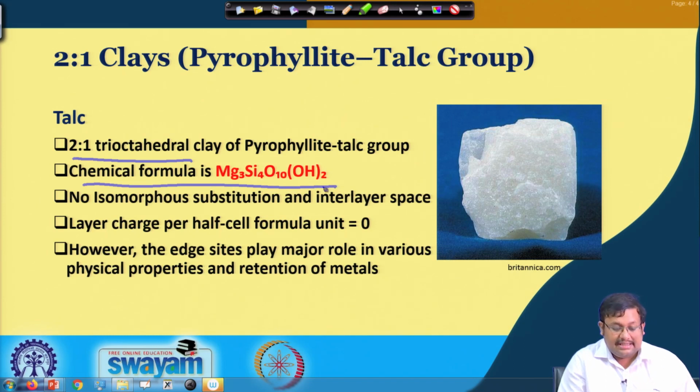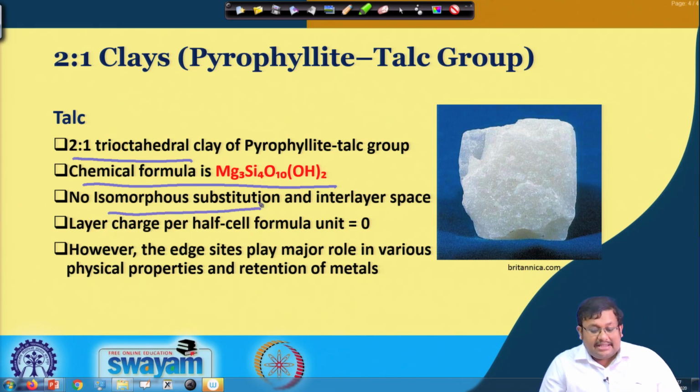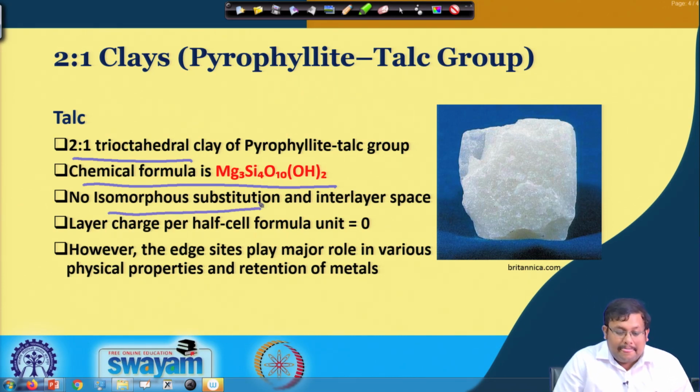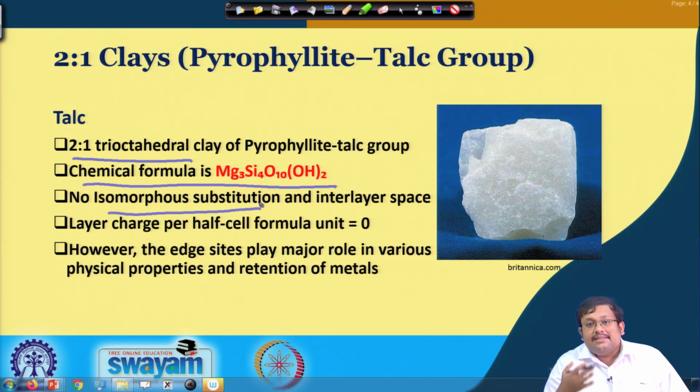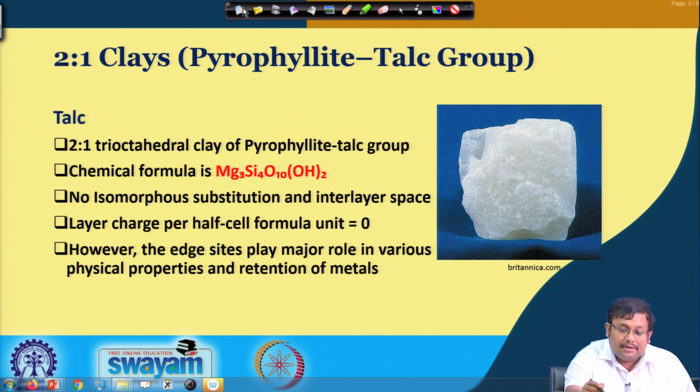It does not show any type of isomorphous substitution, just like pyrophyllite, has no interlayer space, and has 0 layer charge per half cell formula unit. However, the edge sites may play a major role in various physical properties and retention of materials, just like we have seen in the case of pyrophyllite.